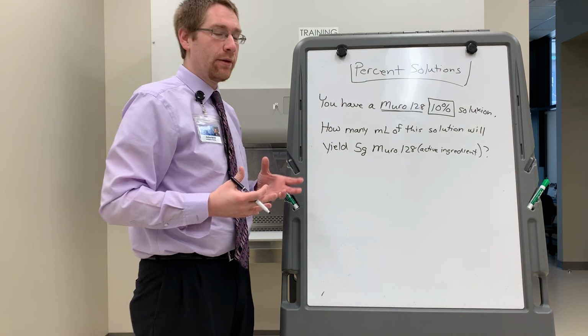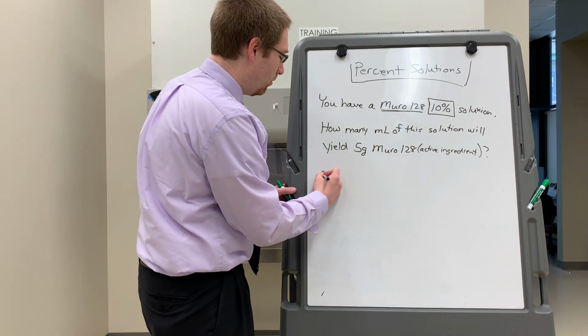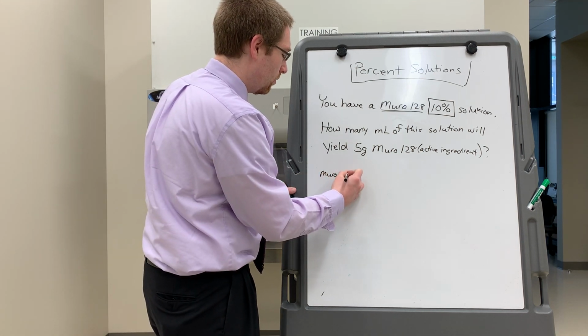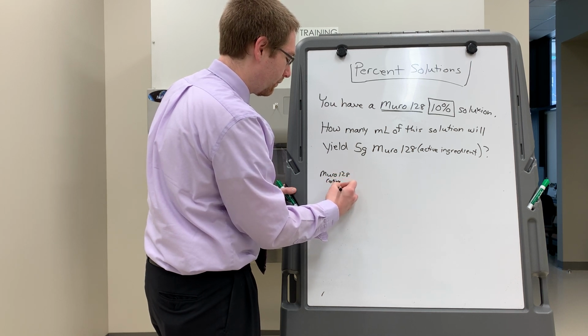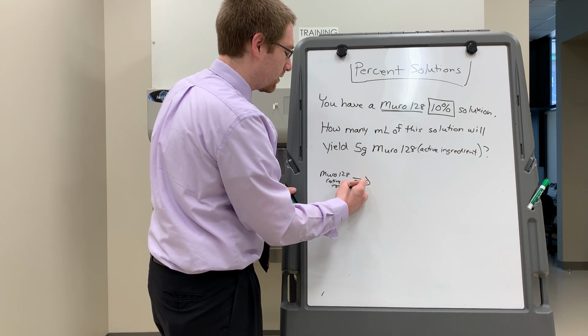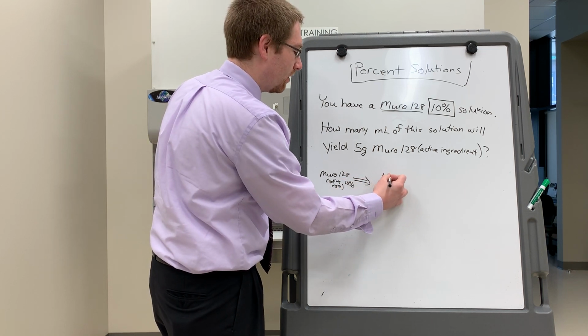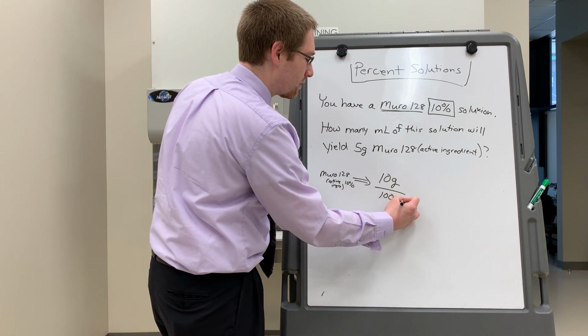So again, thinking about the idea of dosage calculations, how do we define this? Well, Mura 128 solution, which can also be seen as the active ingredient, right? If it's a 10% product, that tells me there are 10 grams in every 100 mLs of that solution.